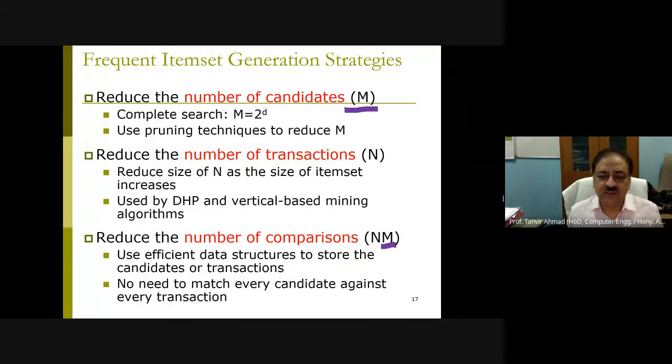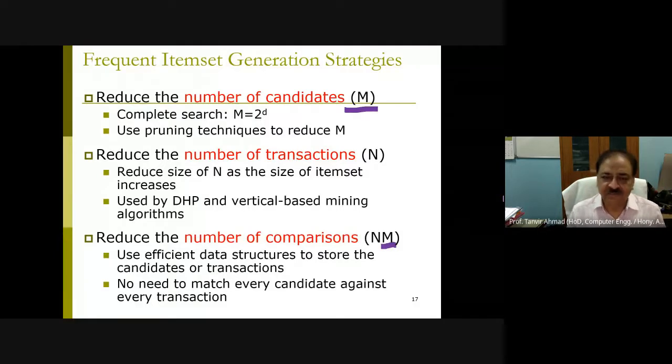Why is it called horizontal based? Because in the data set, you will have one column as the transactions and other columns as the items. If I am having a vertical data set, it will be items in one column and the transactions which are occurring for that item set in the next column.